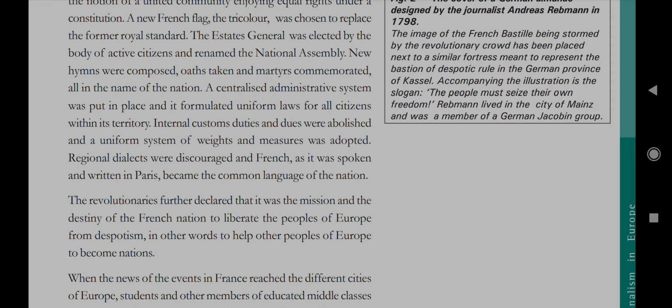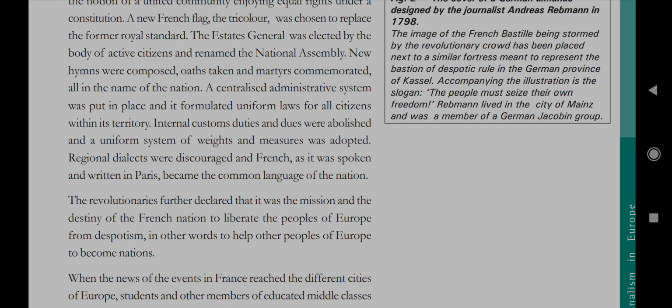Then internal customs duties and dues were abolished, very simple, and a uniform system of weights and measures was introduced. This line you will get on the next page of this chapter, and while reading that you will get to know why they needed to introduce a uniform system of weights and measures.